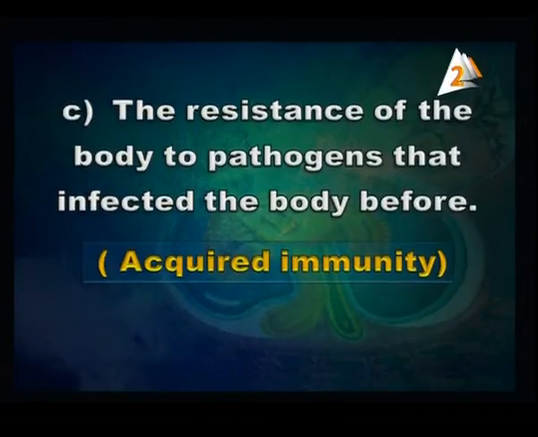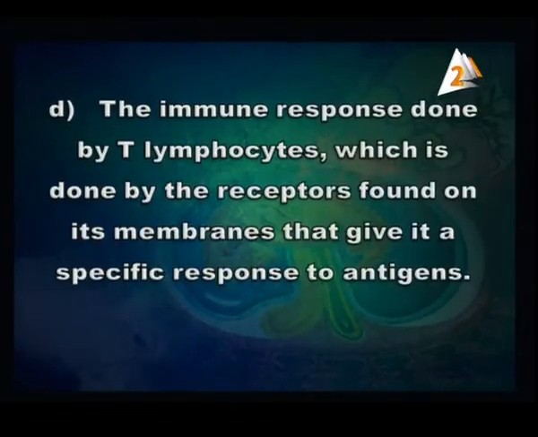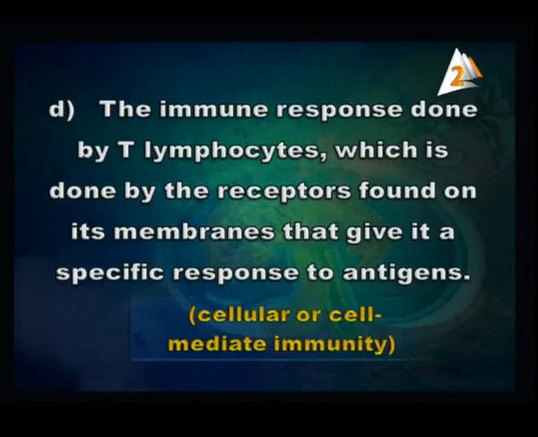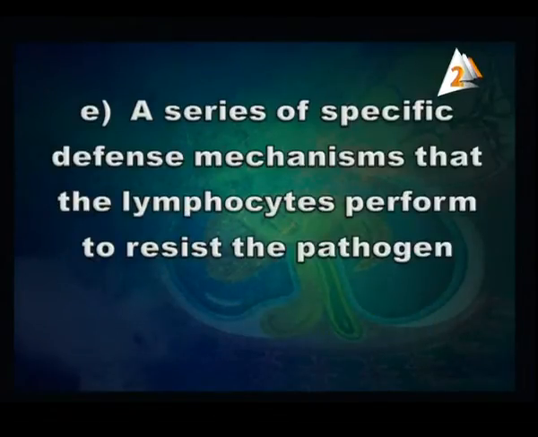Acquired immunity. The immune response done by T lymphocyte, which is done by the receptor found on its membrane that gives it a specific response to antigen. Cellular or cell-mediated immunity. A series of specific defense mechanisms that the lymphocyte performs to resist the pathogen.